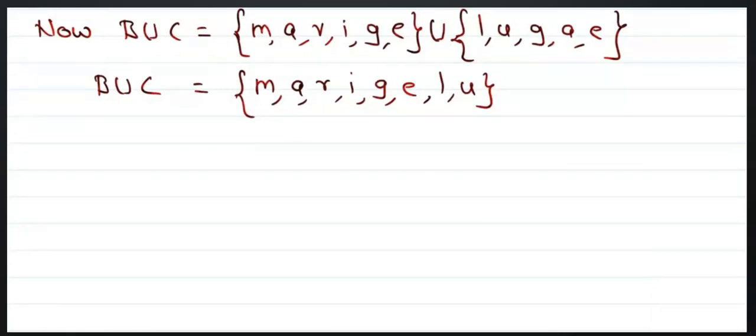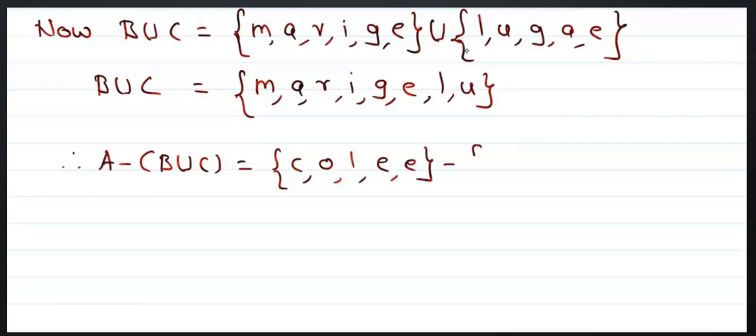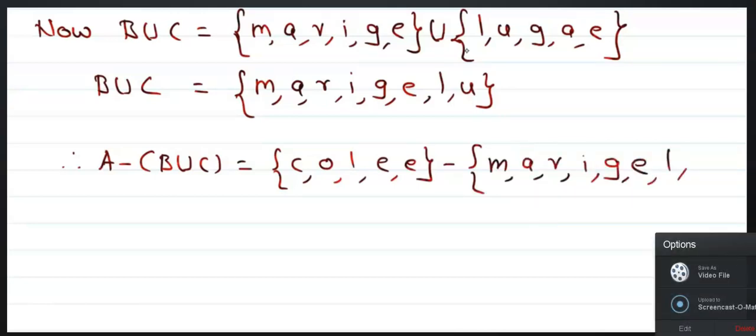Now the next is A minus (B union C). See this here, A minus (B union C). G is there by mistake.